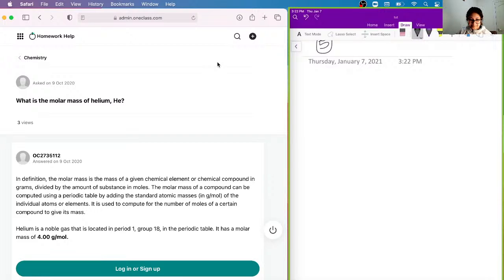And so when you're dealing with compounds, you basically have to add.